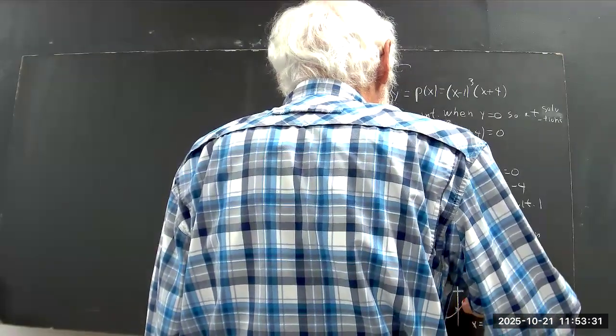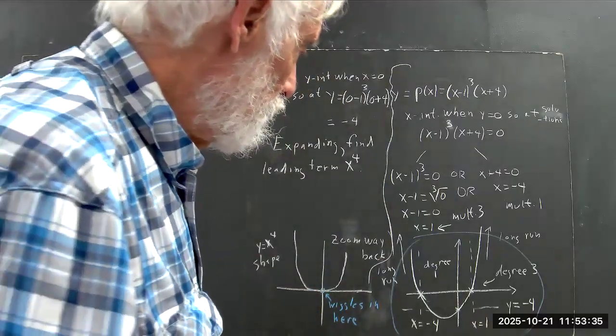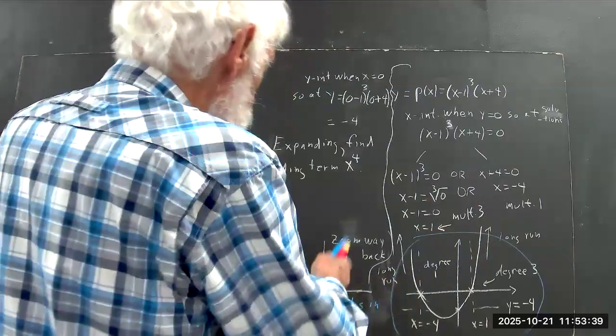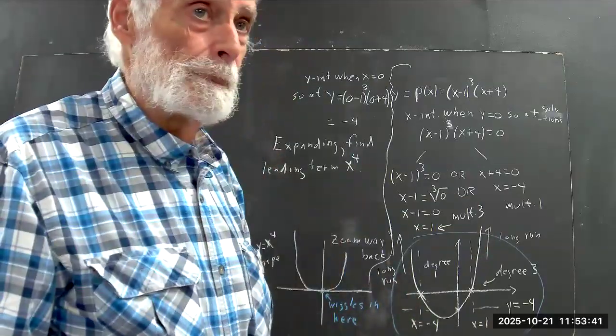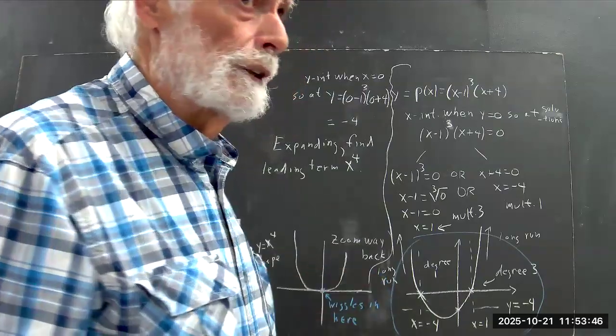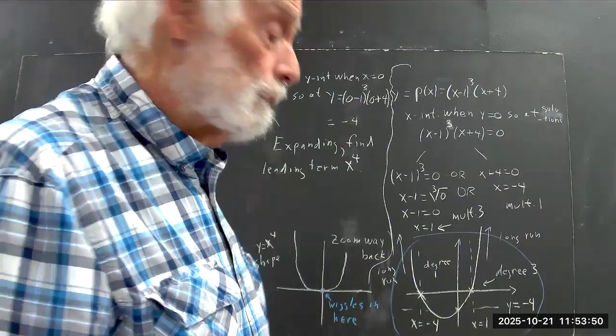And it comes down lower than this point and probably comes back up like this. Probably doesn't look exactly like that either. This almost looks like a parabola, but it gets way too steep out here to be a parabola. Okay, does that make sense? You want to sort that out.